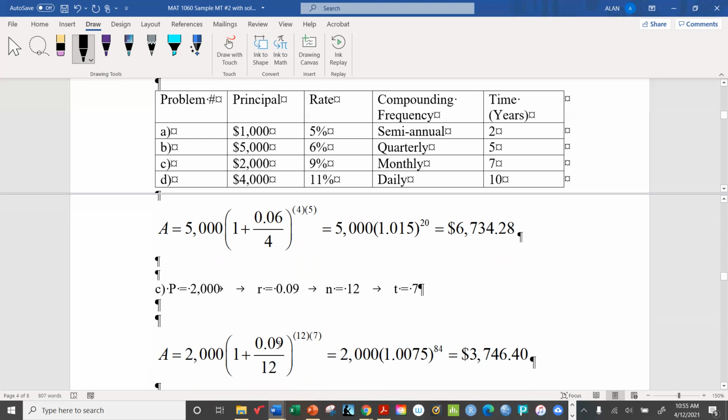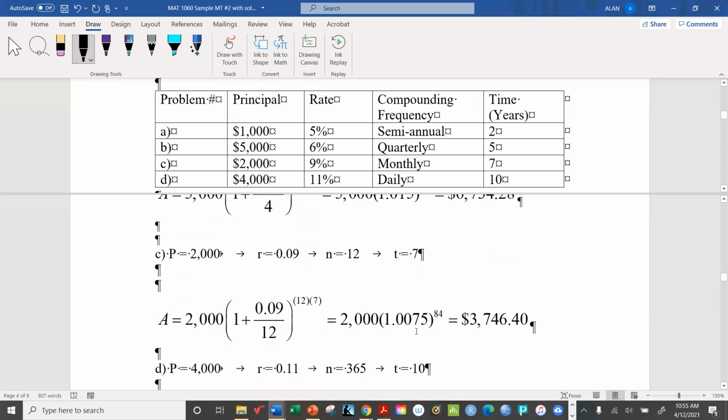Now 0.09 over 12 is 0.75%, which is 0.0075. The exponent is 84. So either way, whether you multiply straight across from left to right and use parentheses, or whether you do the 1.0075 to the 84th first, you'll still end up at 3746.40 rounded to dollars and cents.